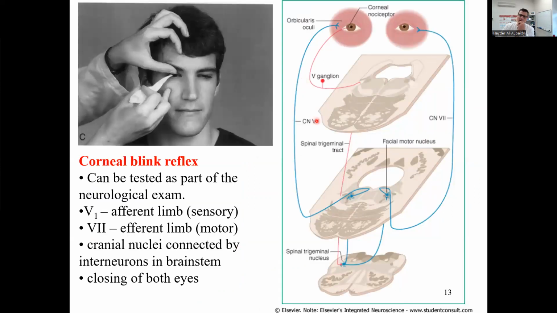Okay. Now, this is slide number 13. It explains a correlation between motor and sensory nerves in relation to specific body parts. So this is not a sensory pathway or a complete motor pathway. It's a reflex type.